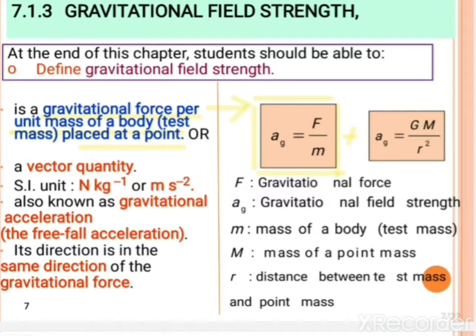Gravitational field strength is a vector quantity. The unit is Newton per kilogram or meter per second square, or meter second to the power negative 2. It is also known as gravitational acceleration or free fall acceleration. Its direction is the same as the direction of gravitational force.